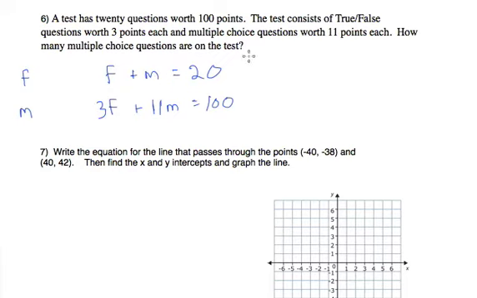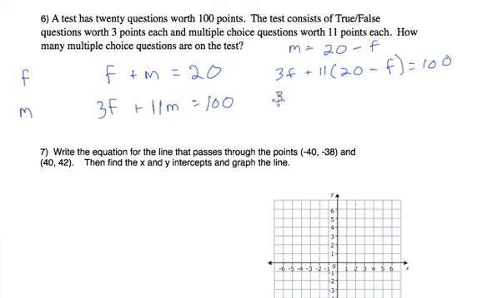M equals 20 minus F. And we're going to substitute that in this equation. 3F plus 11 times 20 minus F equals 100.